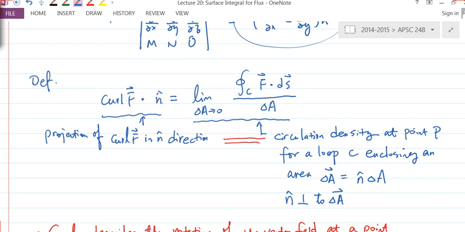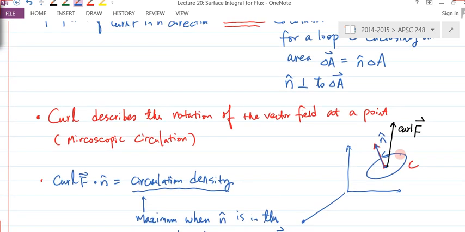Here is the definition of curl F. Curl F dot n hat equals this limit here. In this definition, n hat represents a unit normal vector. If you have a curve C in 3D space, and the curve C encloses a certain region delta A, we express the region using the vector delta A. The orientation is given by its unit normal vector n hat, so n hat is normal to this delta A vector.